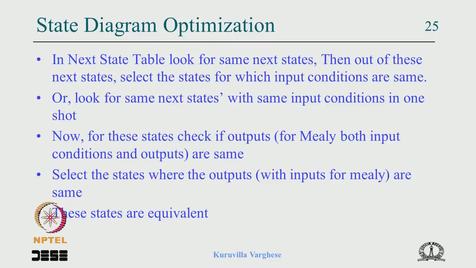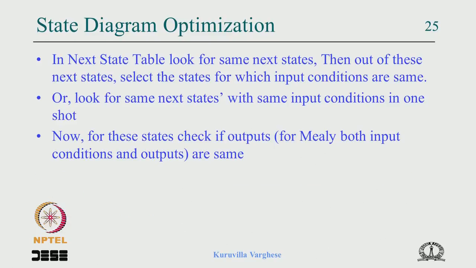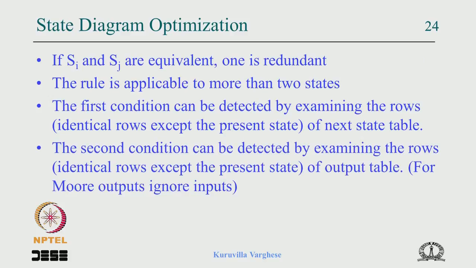So essentially we have looked at 3 issues today. One was the state diagram optimization, wherein we said that basically the issue is to find identical states, and states are identical if both produce the same output for the same input condition and they transit to the same next state for the identical condition.